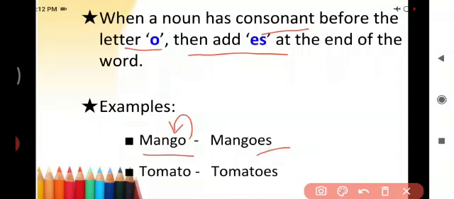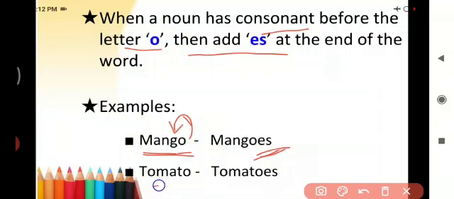There we need to add s if it is a vowel. Here if it is a consonant before o, we need to add es at the end of the word. See example, mango, it ends with o, and before that is g, it is a consonant. So we need to add es.